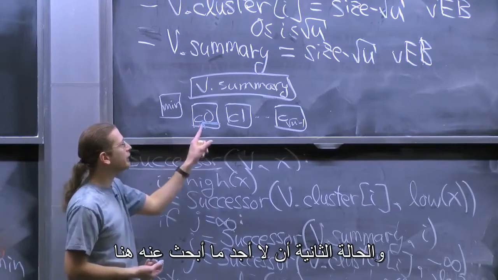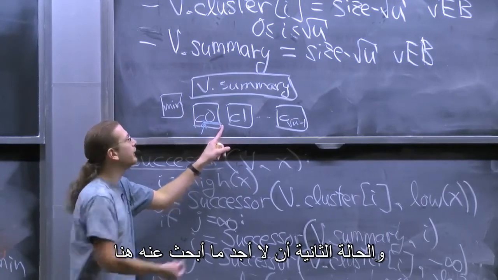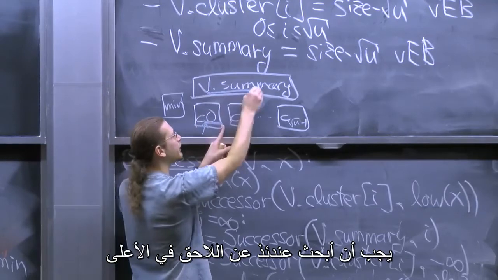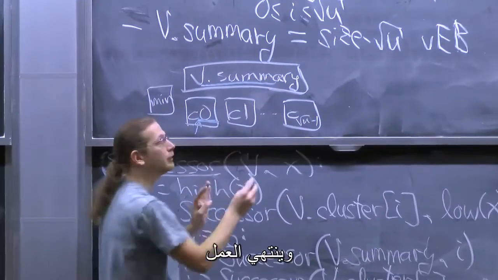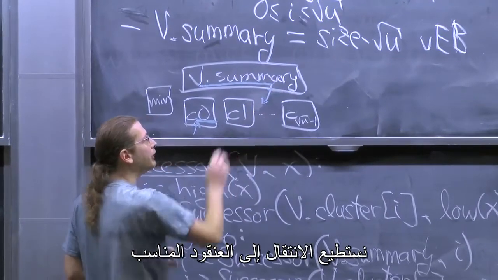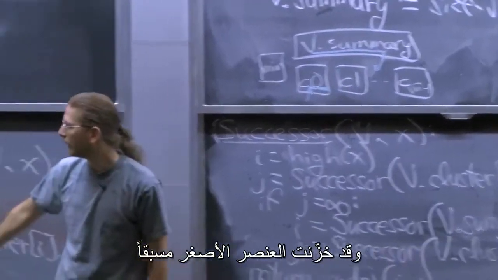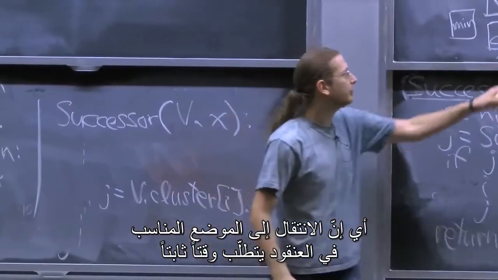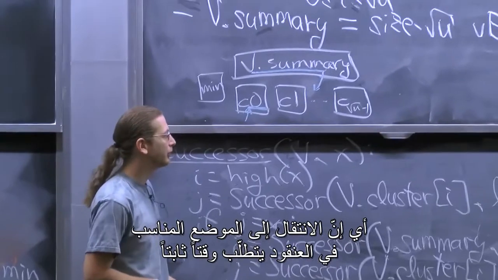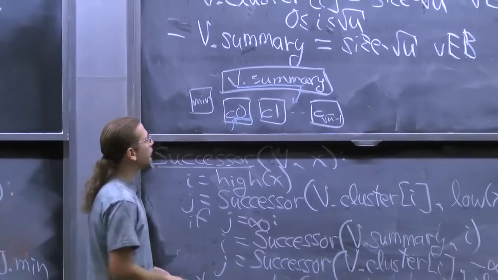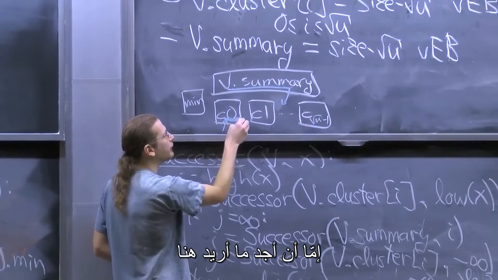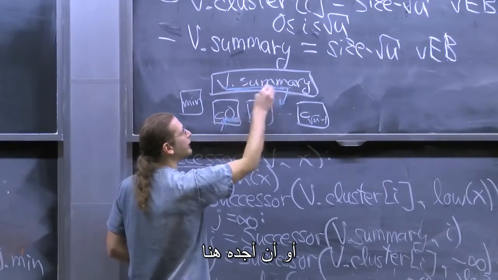The other case is that I don't find what I'm looking for here. Then I have to do a successor up here, and then I'm done. Then I can teleport into whatever cluster it is, and I've stored the mins by now. So that's constant time to jump into the right spot in the cluster. So either I find what I'm looking for here, or I find what I'm looking for here.